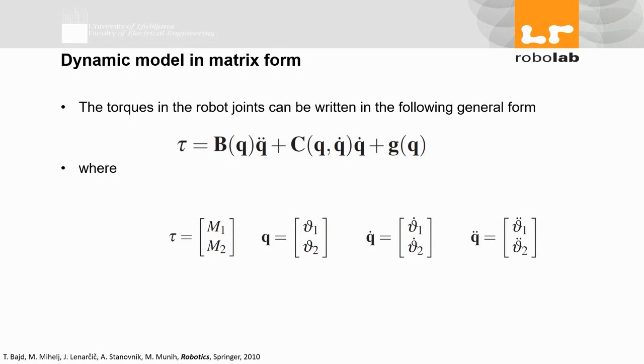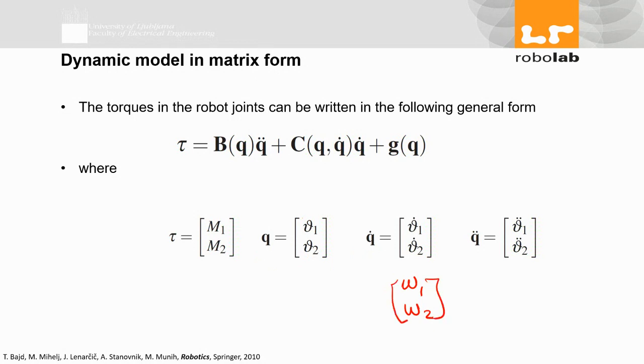I define a matrix we call the torque matrix, a vector of M1 and M2, two rows since I have only two joints. Then I have Q, the quantities we control, theta 1 and theta 2. Then Q dot, the first derivative of theta 1 and theta 2, a vector of rotational speeds, omega 1 and omega 2.